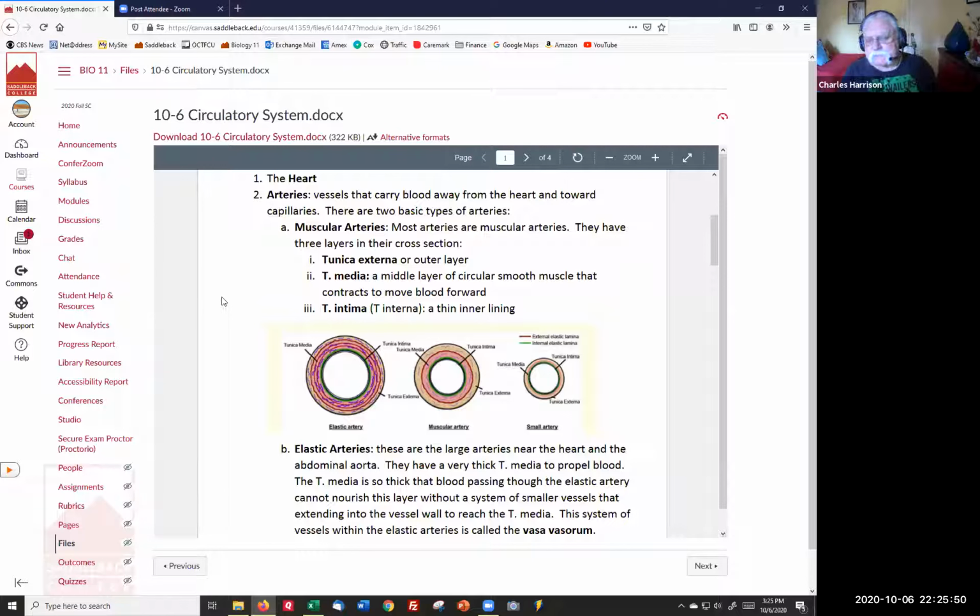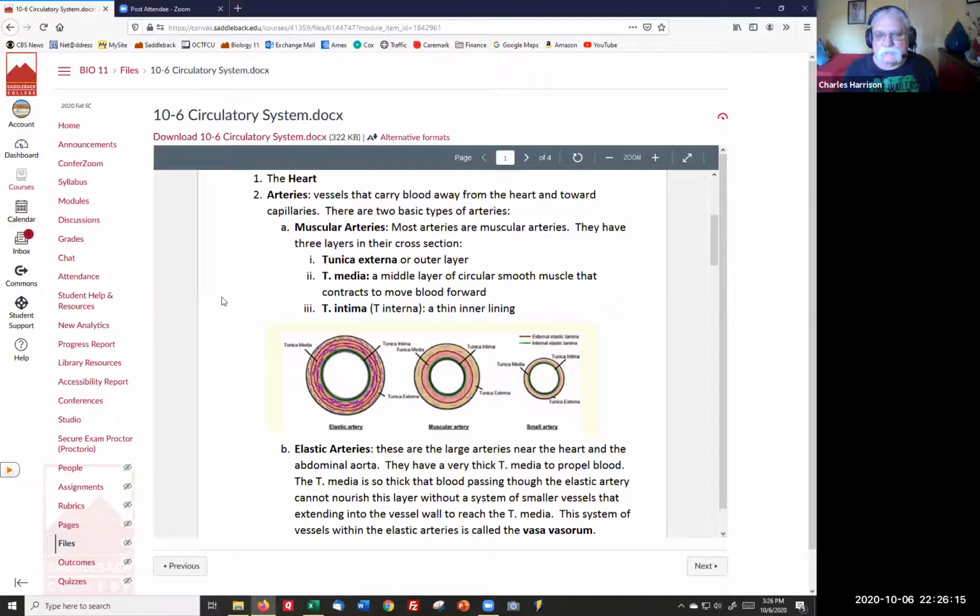Because it is thicker, it doesn't have the ability to get oxygen and nutrients from the blood that's passing through it. The smaller muscular arteries, and anything smaller than that, pick up their oxygen and their nutrients from the blood passing through them.